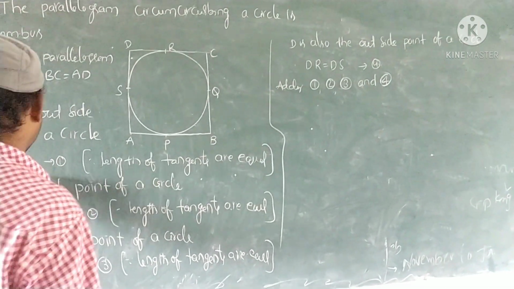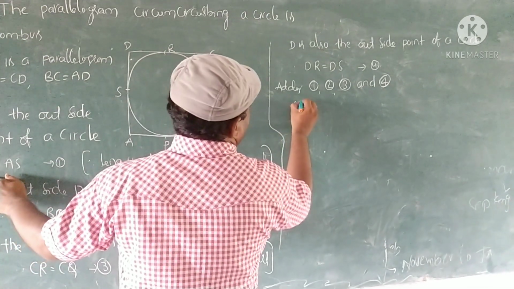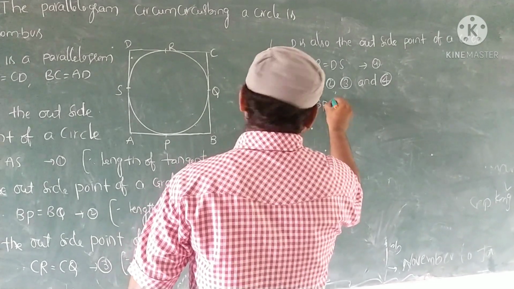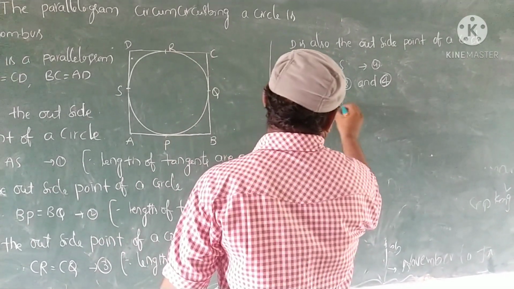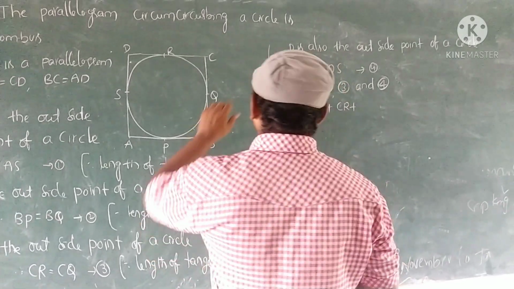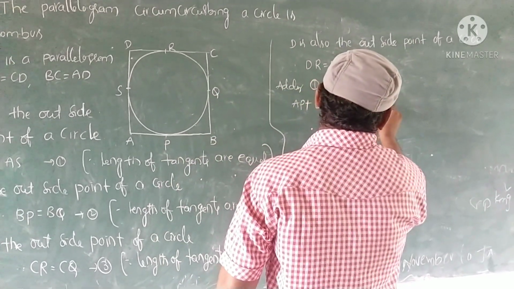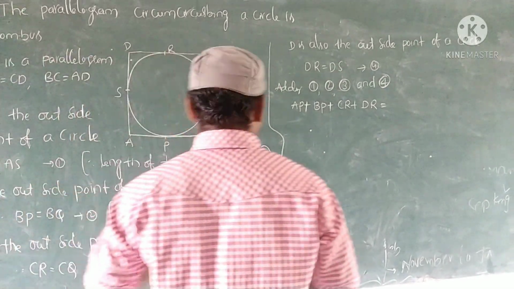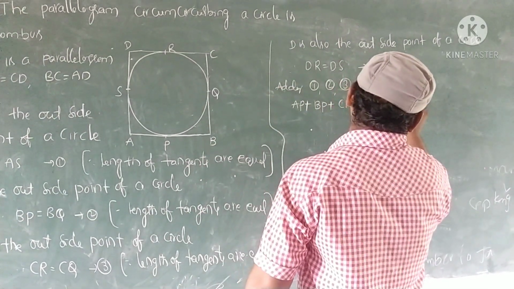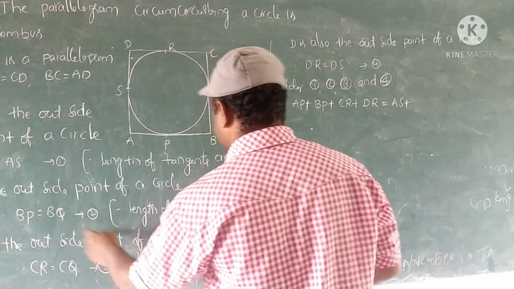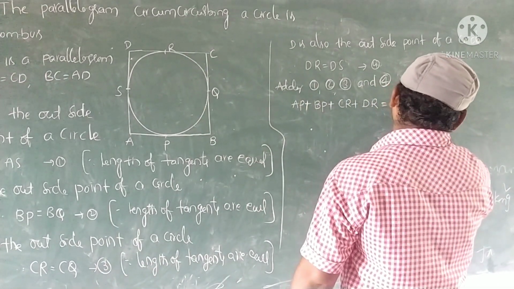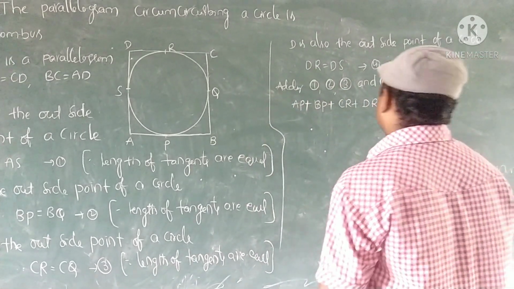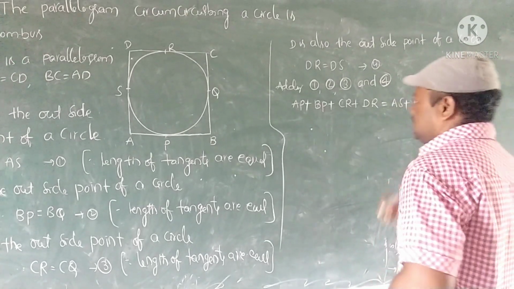First equation LHS value AP plus second equation LHS value BP plus third equation LHS value CR plus fourth equation LHS value DR equals first equation RHS value AS plus second equation RHS value BQ plus third equation RHS value CQ plus fourth equation RHS value DS.